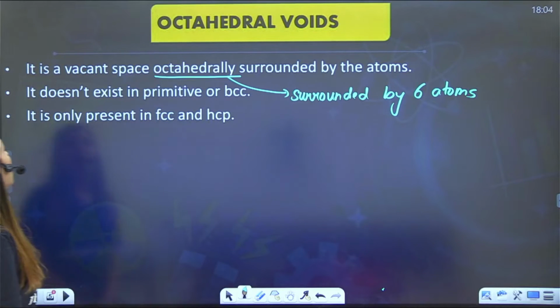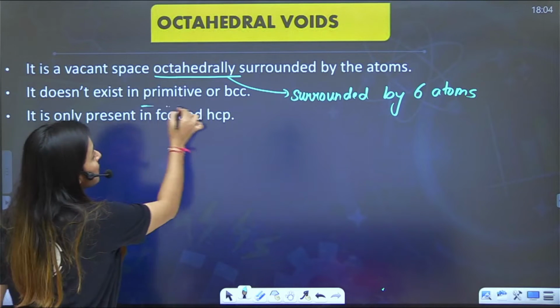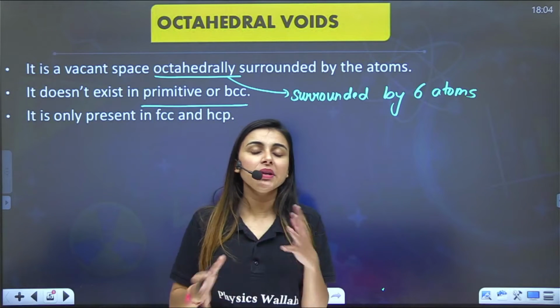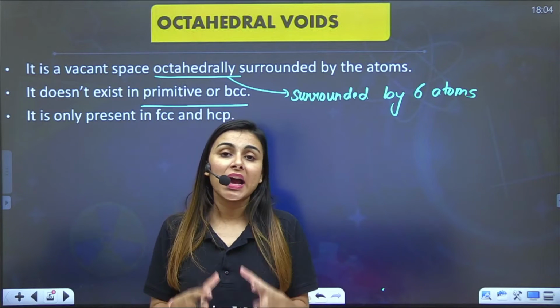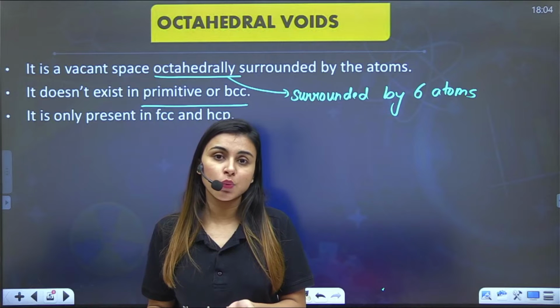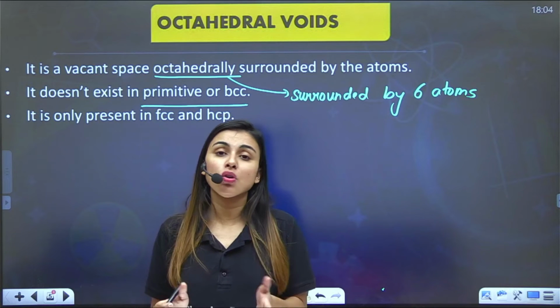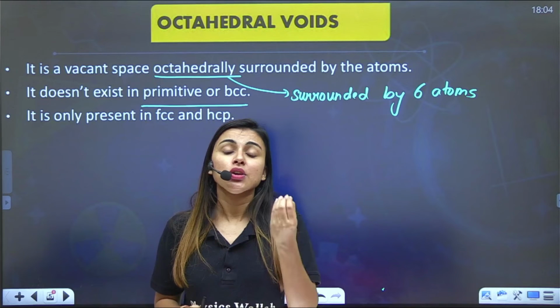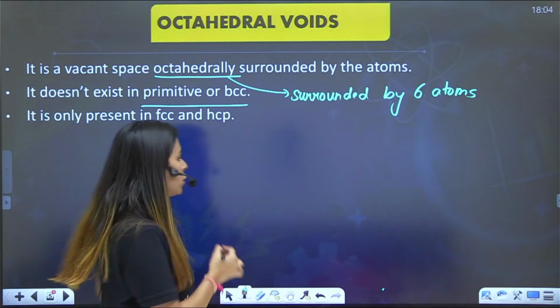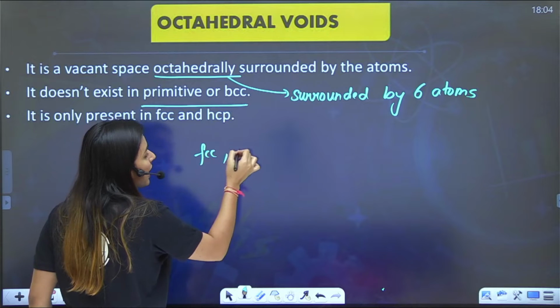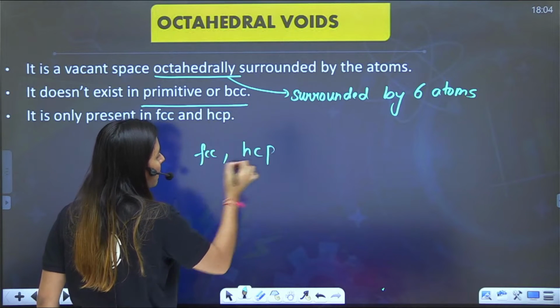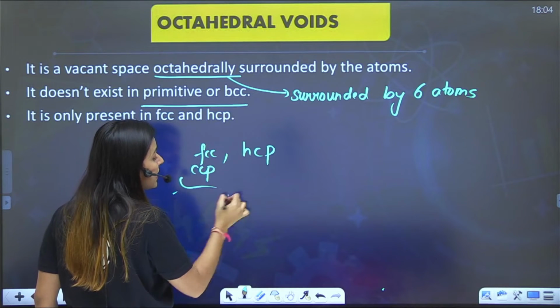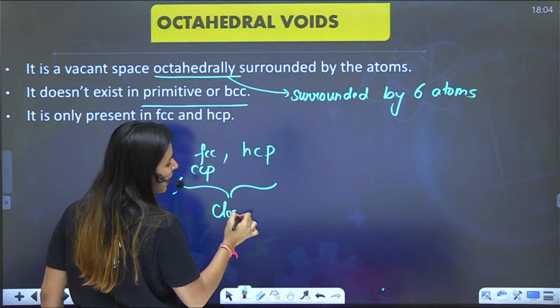It does not exist in primitive and BCC lattices. My dear students, your primitive and BCC lattices do not have tetrahedral or octahedral voids. Your FCC and HCP, the FCC is also known as CCP, these arrangements are close packing.